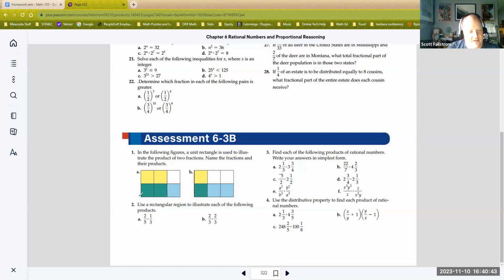So if it was 3/5 times 2/3, I'm mixing questions between these two just to give another example. You could draw yourself what fifths look like. So here are 5 vertical stripes.